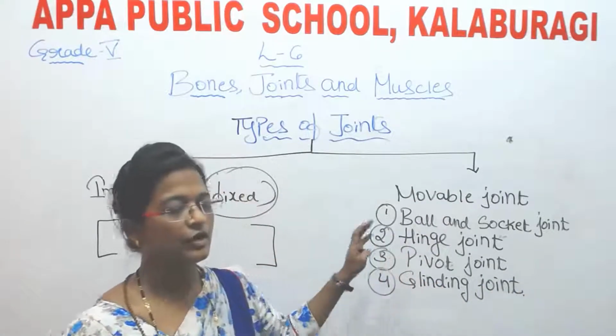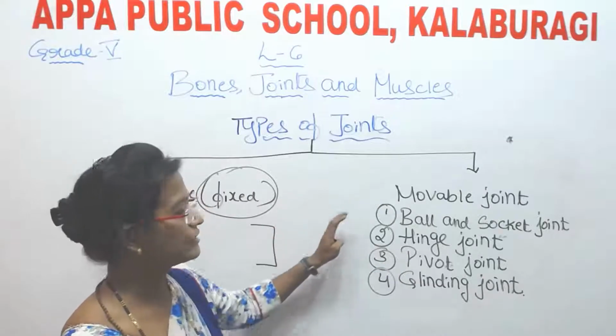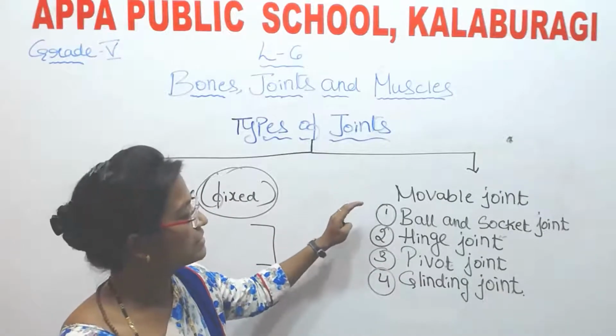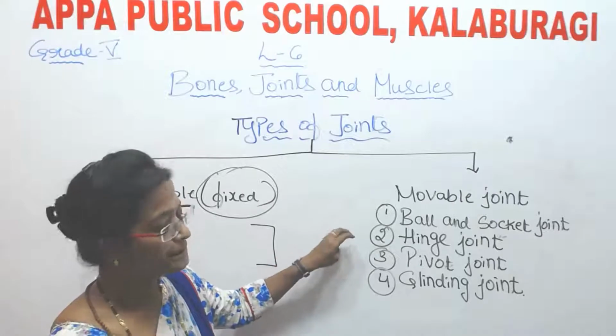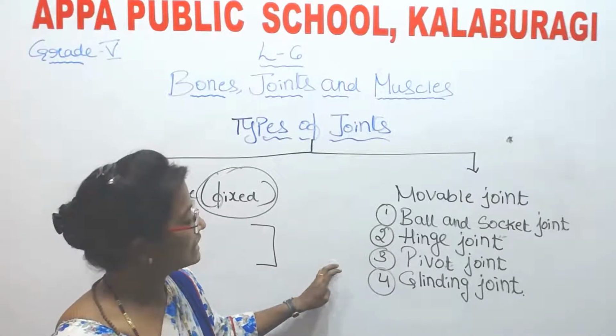Okay, so these are all movable joints. Which are those? Ball and socket joint, hinge joint, pivot joint, and gliding joint.